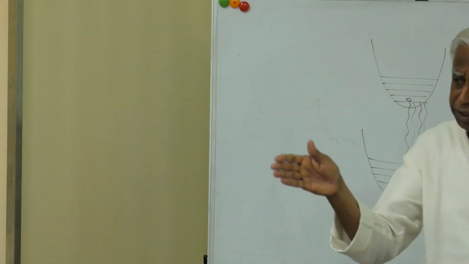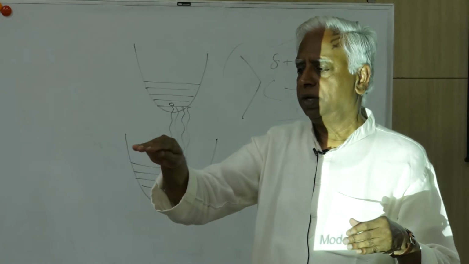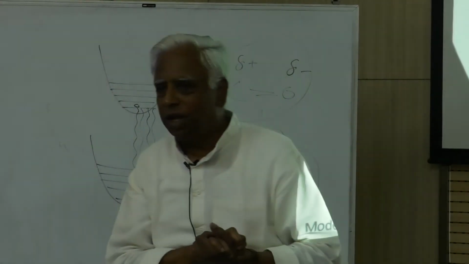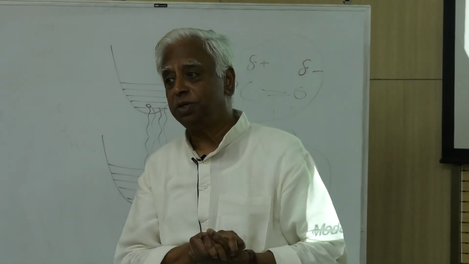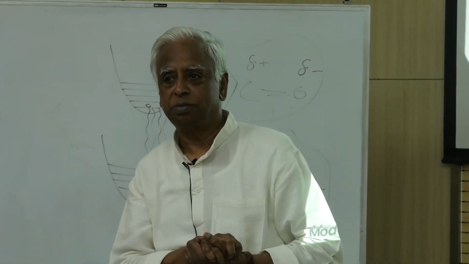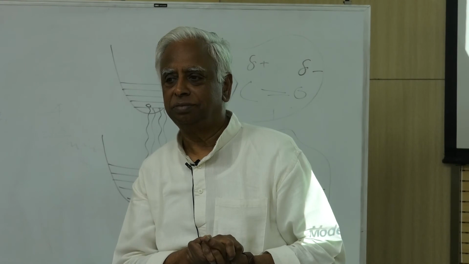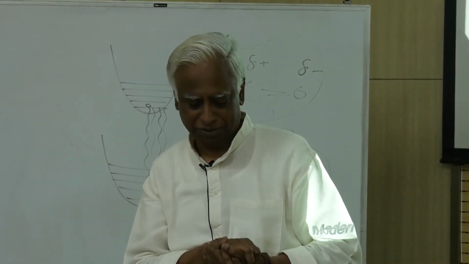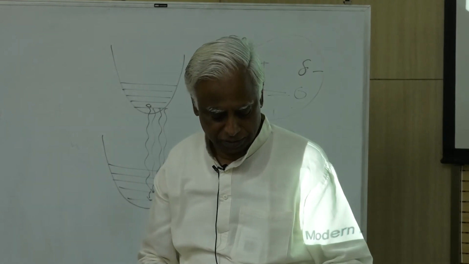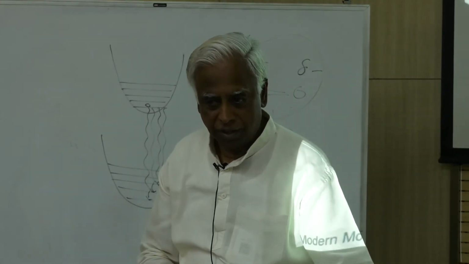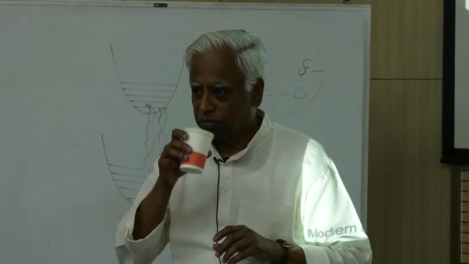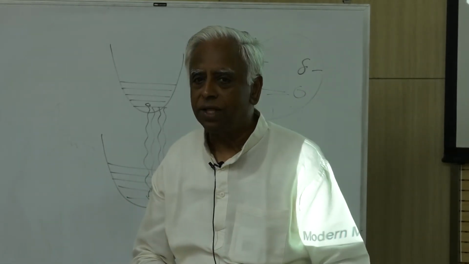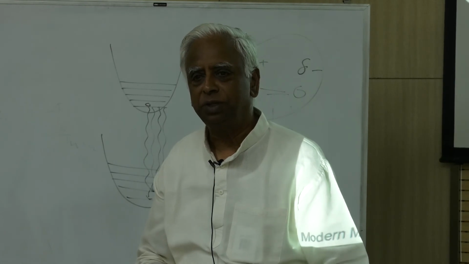So when you see an emission spectrum, you are going to get one emission like this, another emission like that. How do you know which one is fluorescence, which one is phosphorescence?